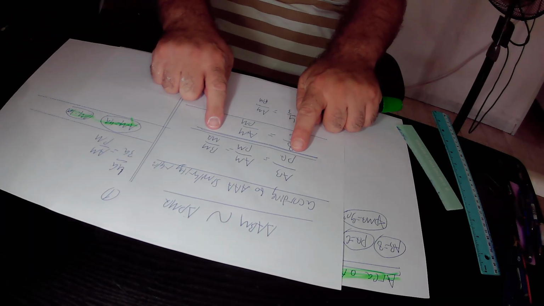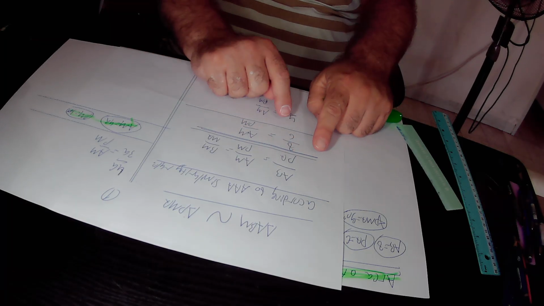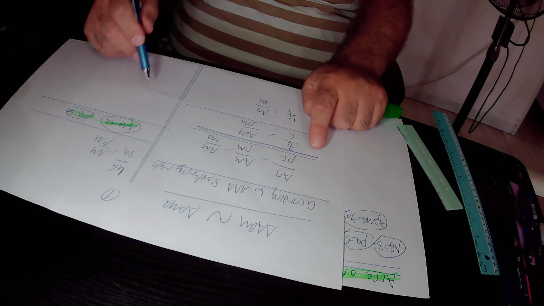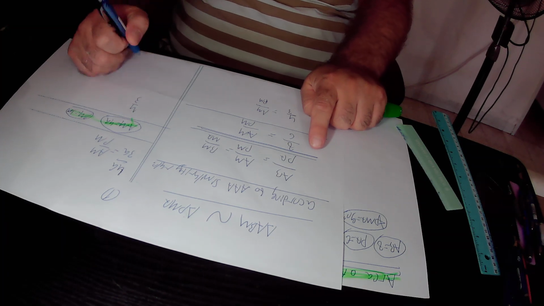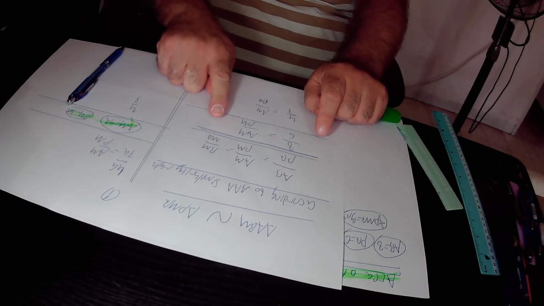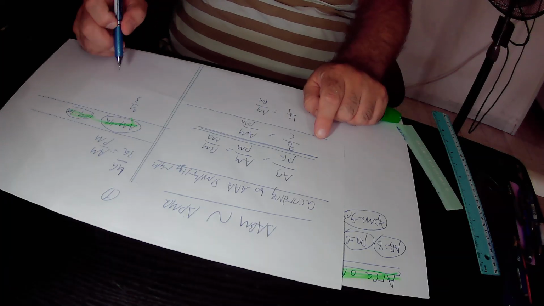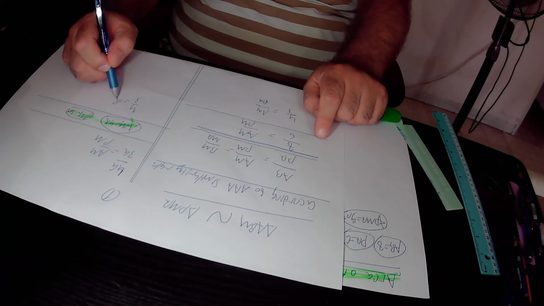Those two sides of the equation are equal to each other. AB over PQ is 4 over 3. So 4 over 3 equals BM over QM, BM over MQ.